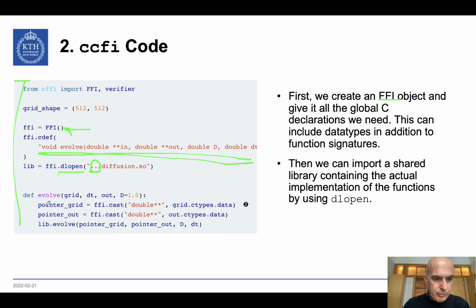And then ffi allows us to cast to the C type, so now it is much shorter, and we just need to cast the two pointers to the grid and the out arrays. Finally, we can call the library. We call the evolve function, and we give the pointers of the grid and the two arrays, the diffusion coefficient and the time step.